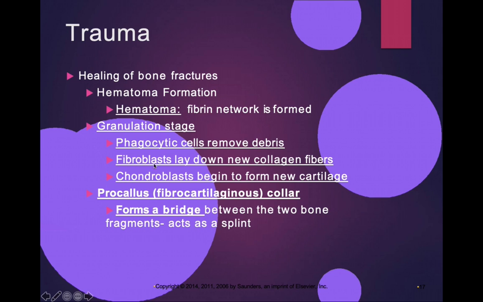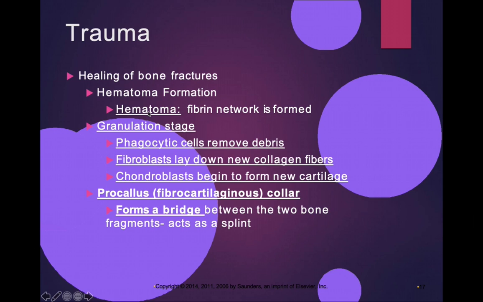There are fibroblasts that are going to lay down new collagen, because 1/3 of bone is collagen. So we need protein, we need vitamin C, right? Very important in order for our bodies to produce collagen. Then there are chondroblasts that begin to form new cartilage.